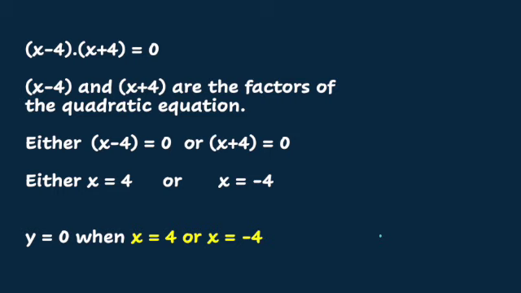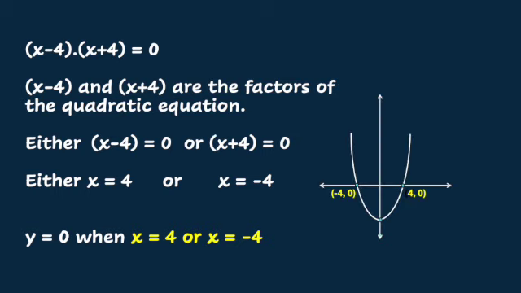These are the two factors of the quadratic equation, and this gives us either x minus 4 is equal to 0 or x plus 4 equal to 0. When simplified this gives us x equal to 4 or x equal to minus 4. So we can say y is 0 when x is 4 or x is minus 4. Have a look at the graph here.